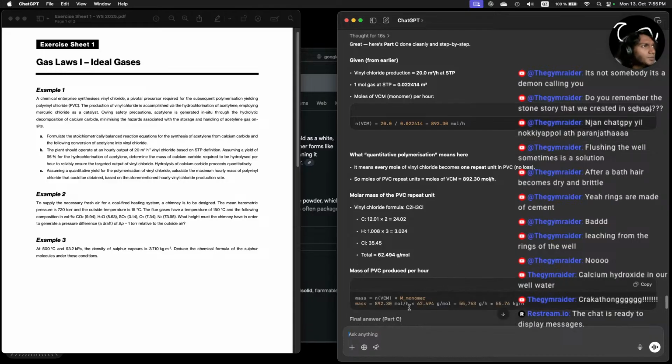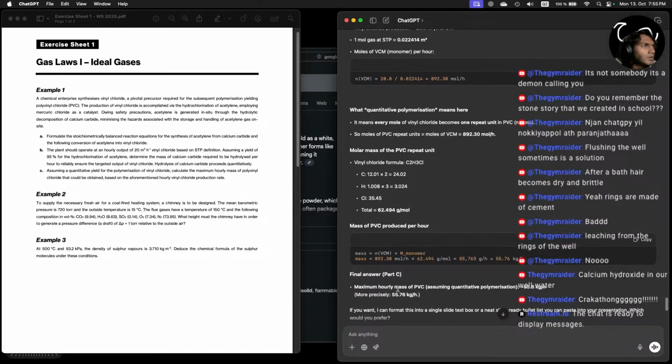Mass of PVC produced equals moles of vinyl chloride monomer times molar mass of monomer, okay. So that's just converting moles of vinyl chloride to its mass.